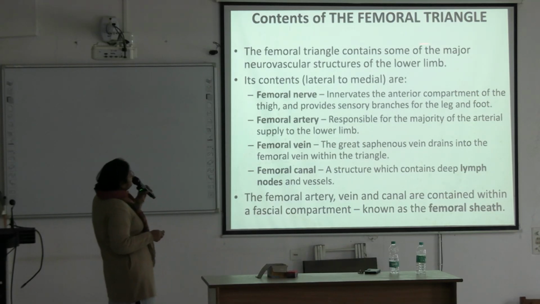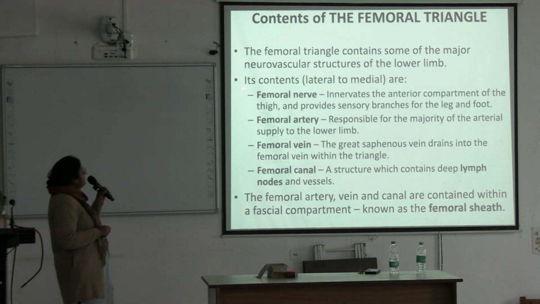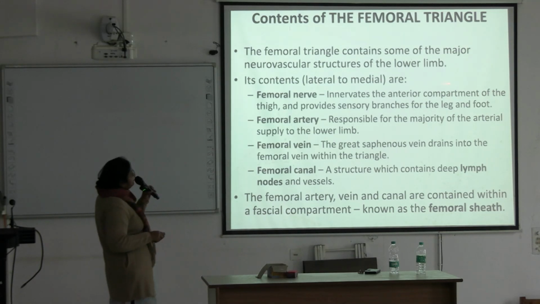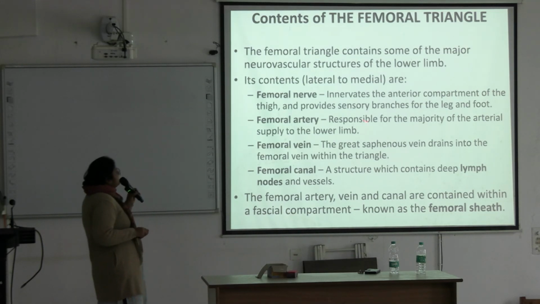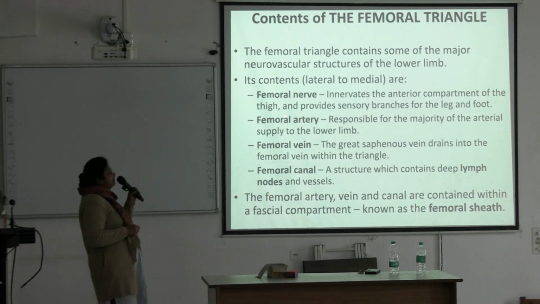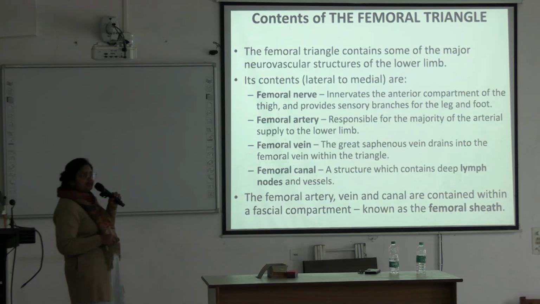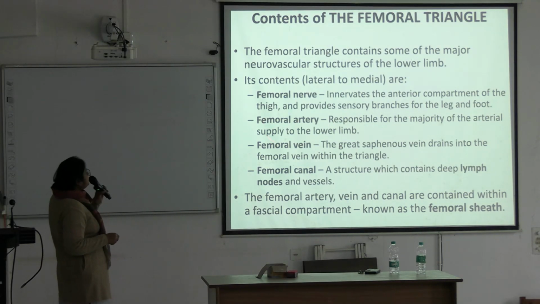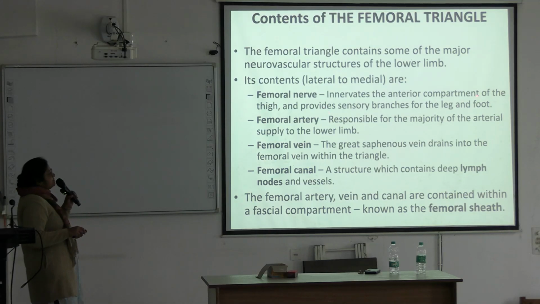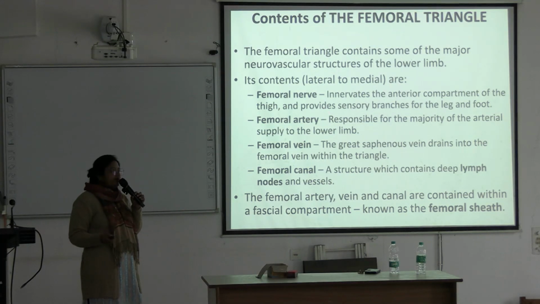The femoral triangle contains some of the major neurovascular structures of the lower limb. From lateral to medial, the contents are the femoral nerve lying most laterally. It innervates the anterior compartment of the thigh and provides sensory branches for the leg and the foot. Next is the femoral artery, which is responsible for the majority of the arterial supply to the lower limb.